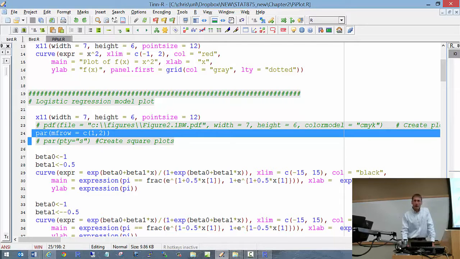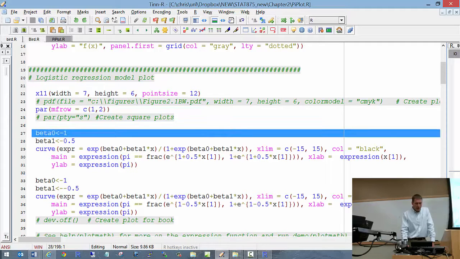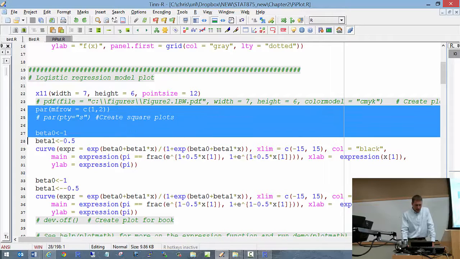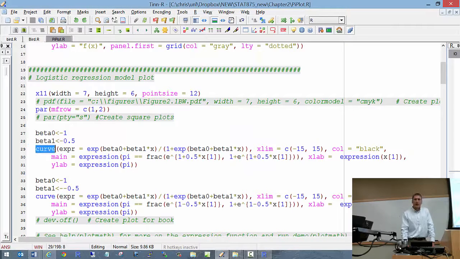In my first plot, I'm going to put the plot with beta 1 equal 0.5. So I set beta 0 to be 1 and beta 1 to be 0.5. Then I use the curve function, which we saw in the introduction to R video.